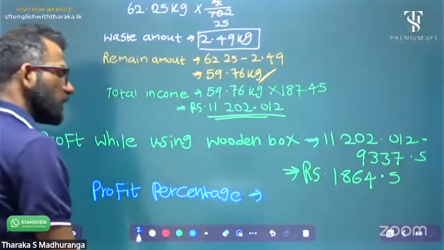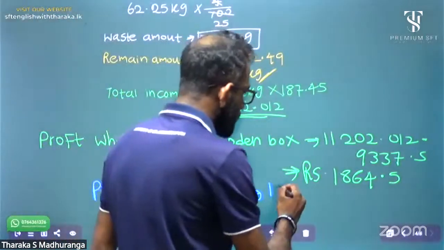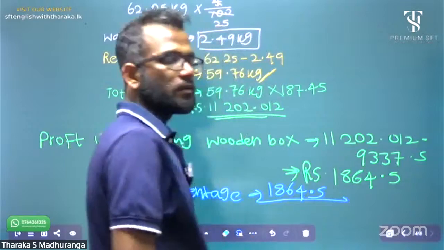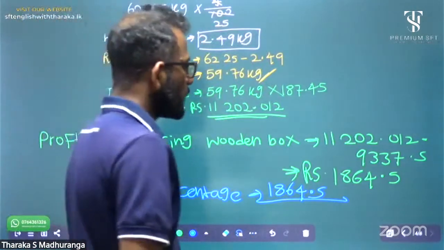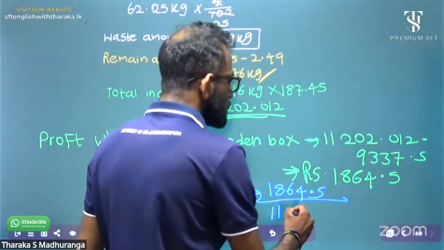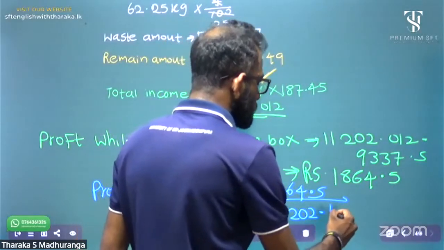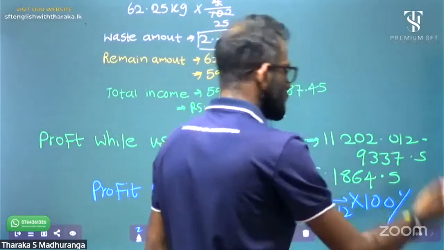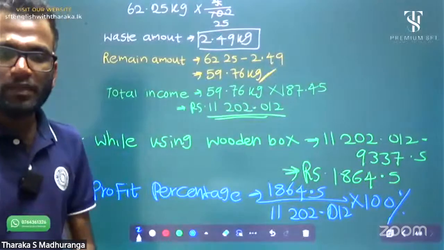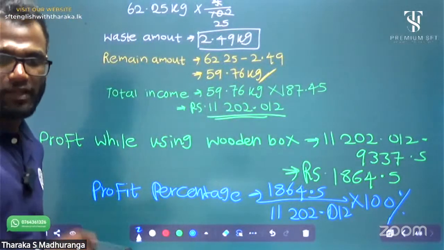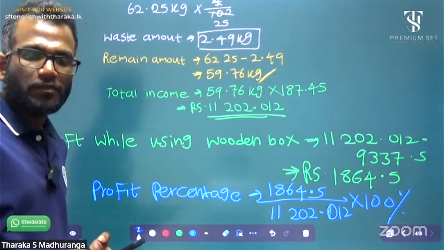Profit percentage. How to get it? 1,864.5 divided by total income 11,202.012, multiplied by 100%. This is the profit percentage. Very simple.